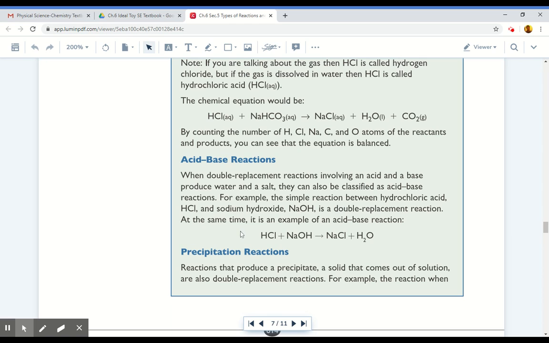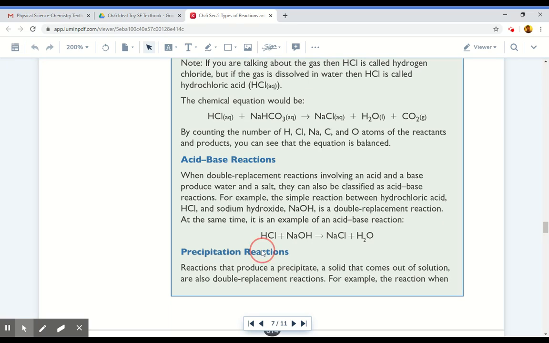At the same time, it is an example of an acid-base reaction. Okay, so this is hydrochloric acid. This is sodium hydroxide. So you have hydrochloric acid plus sodium hydroxide produces sodium chloride and water.